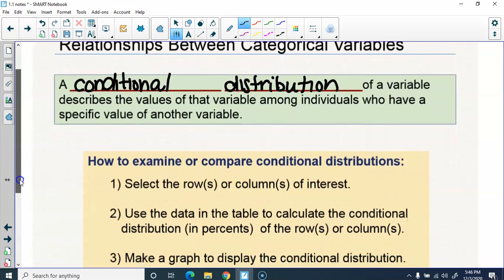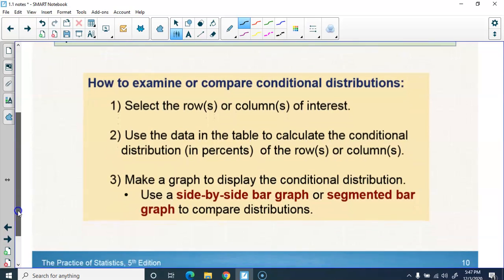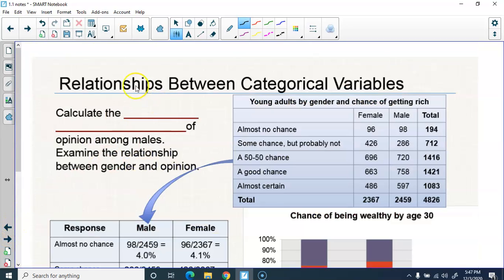So the important thing here with conditional distributions is to select the row or column of interest, use the data in the table to collect the conditional distribution in percents of the row or column. It's not the total this time. And make a graph to display the conditional distribution, either with a side-by-side bar graph or a segmented bar graph to compare.